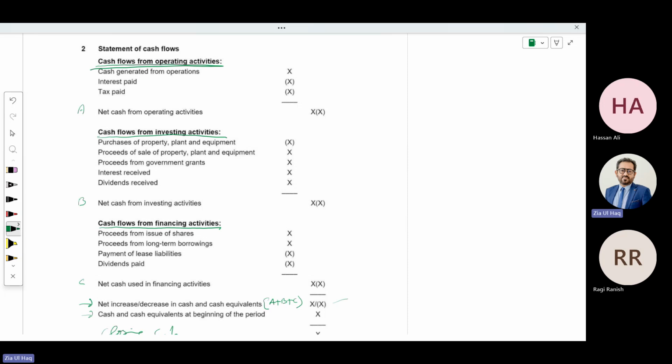First, we need to calculate cash flow from operating activities. Then we need to calculate cash flow from investing activities. Then from financing activities. By adding all these three totals, net increase or decrease, in that we need to adjust opening balance of cash. So we will be able to find closing balance of cash.